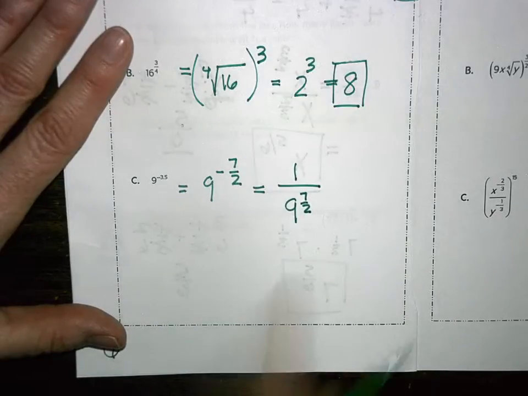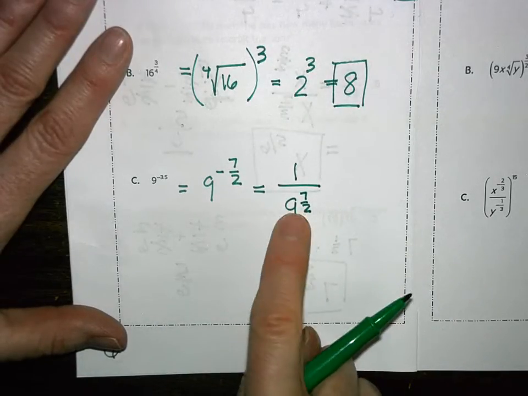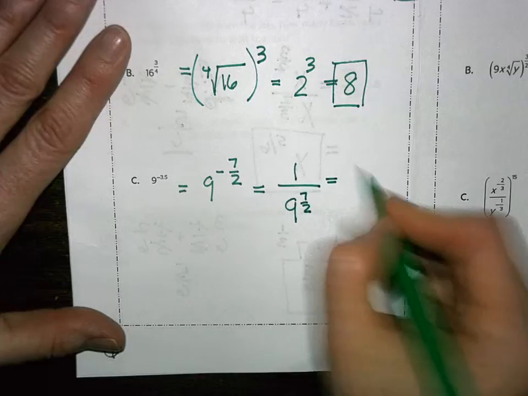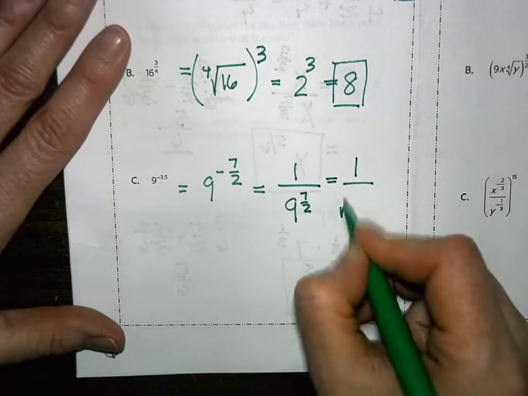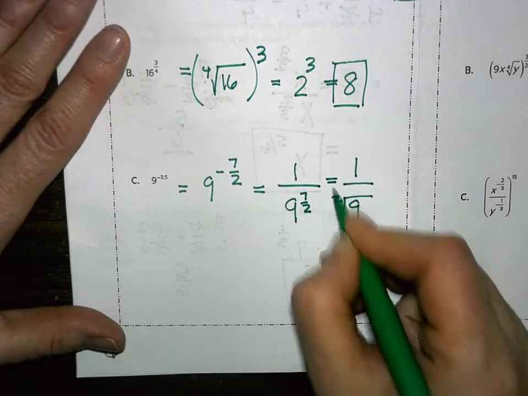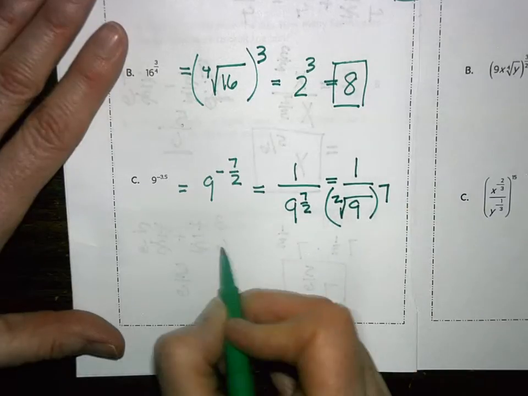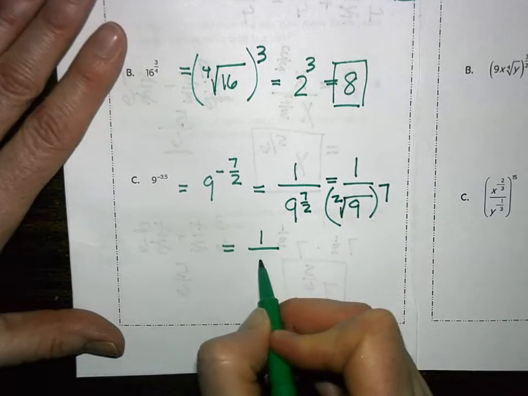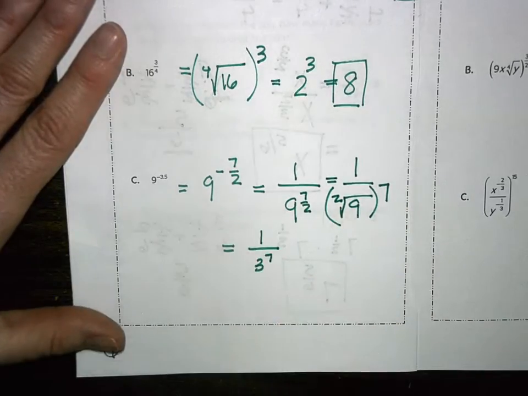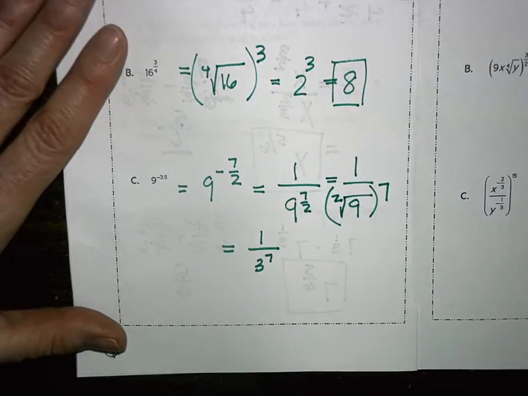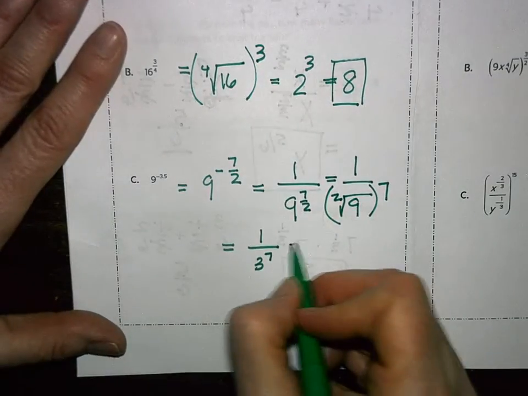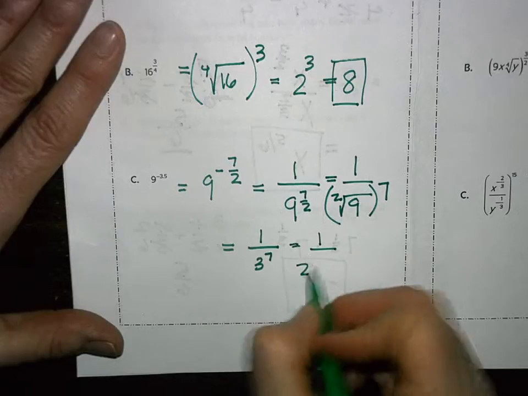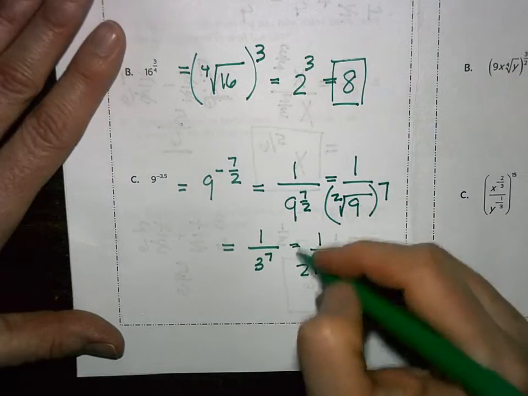Now I know that the square root of 9 is 3, so let's break it down again. 1 over the square root of 9 raised to the 7th is equal to 1 over 3 to the 7th. 3 to the 7th, I would do in my calculator, is 1 over 2187. We don't expect you to know that.